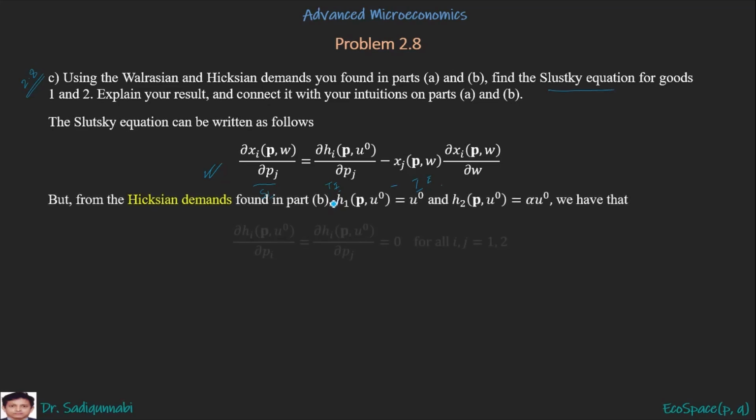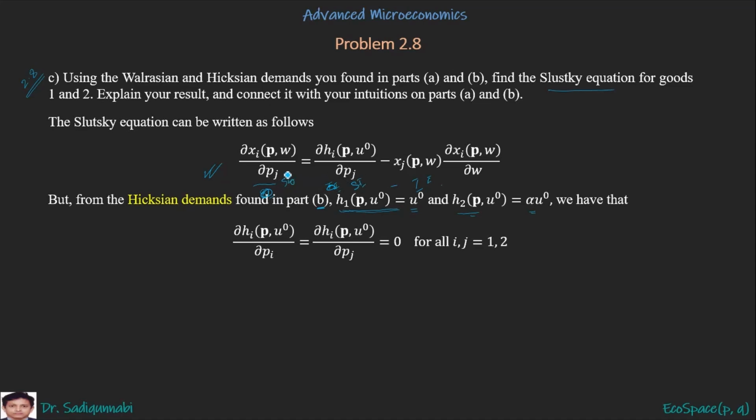From the Hicksian demand found in part B, the first Hicksian demand is U0 and the second Hicksian demand is alpha U0. So this is the SE, this is the TE, and this is the income effect.